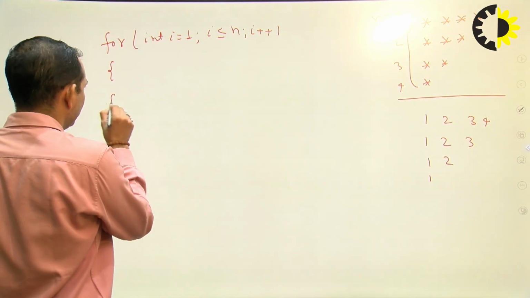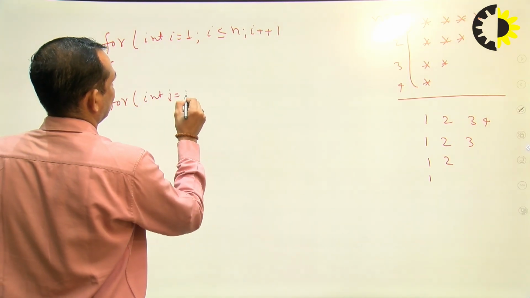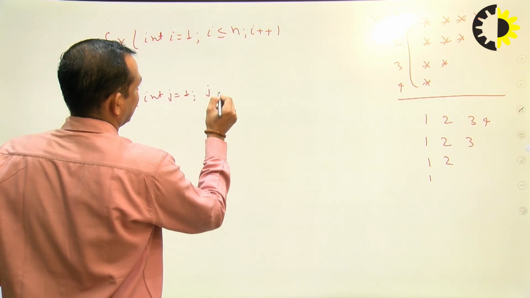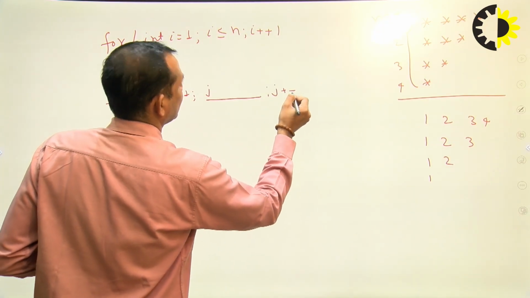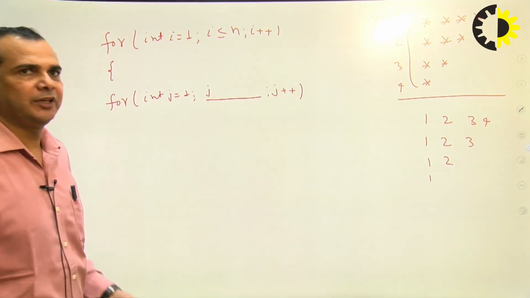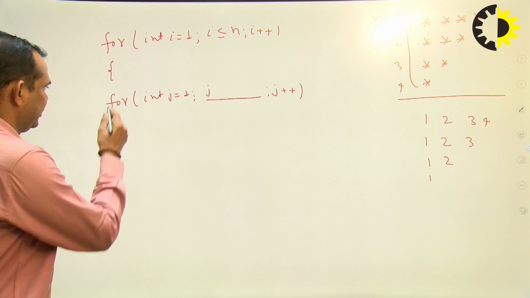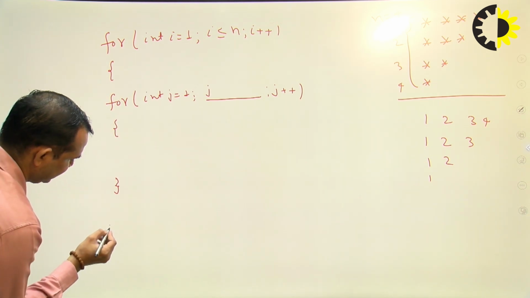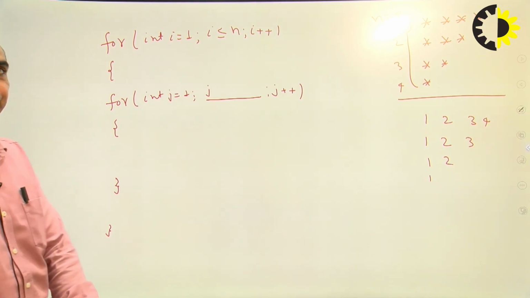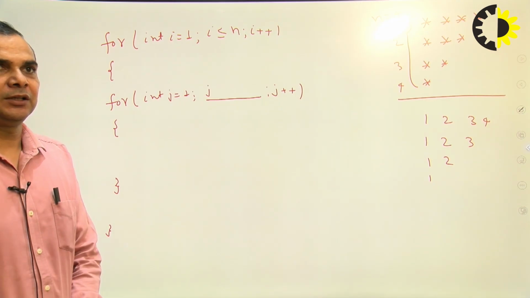So we apply another loop, that is for int j equal to 1, and we have to find out the condition, how many times it will execute, whether we have to increase or decrease the value of j. So this is the j loop and this is the i loop. So try to find out the relationship between these two.